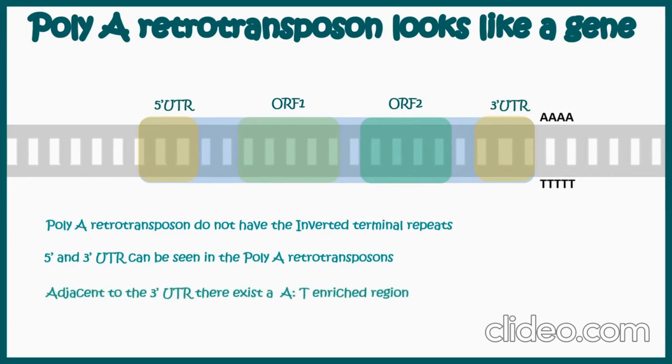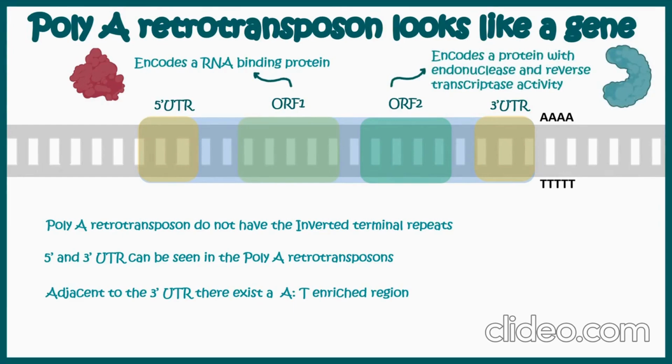Lastly, they have an A-rich region, which is the poly A tail of an mRNA, so they pretty much look like a gene. Now, ORF1 encodes an RNA binding protein and ORF2 encodes a protein which has endonuclease and reverse transcriptase activity. Exactly how a poly A retrotransposon works is beyond the scope of this overview video; it is a different video. I will discuss how these particular transposons work.